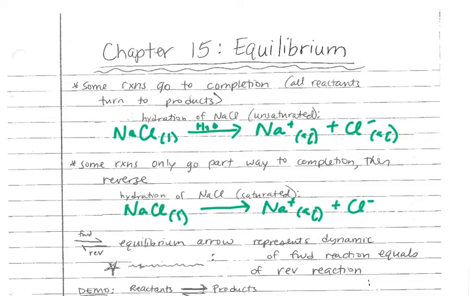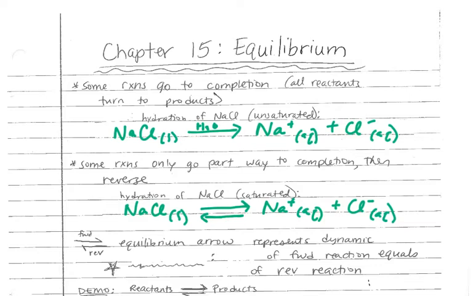But if it's saturated, there's not enough room in the solution for all of them to go into this ionic state, and some of them will be dissociating while some of them will be reconnecting to form the ionic compound sodium chloride. So this is an example of a reversible reaction.